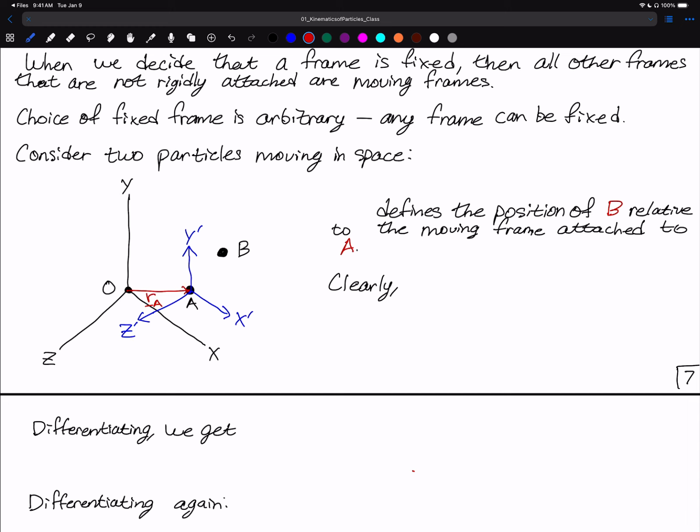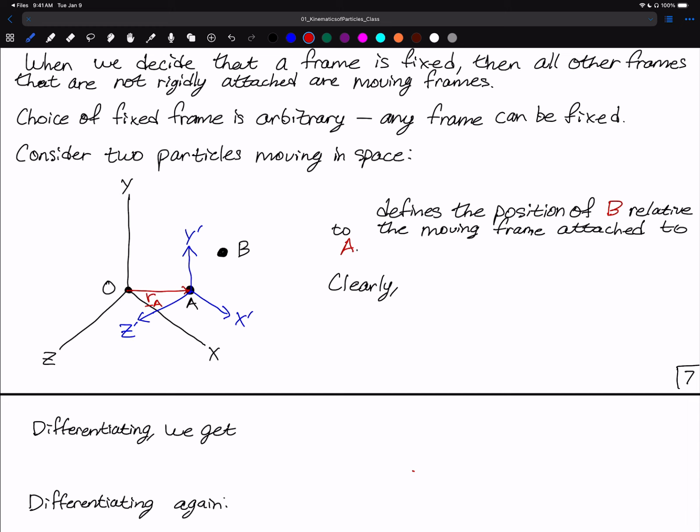Clearly then, r_B is going to be equal to r_A plus the relative position vector r_B/A. And that's how we can, again, define how two particles' positions are related.